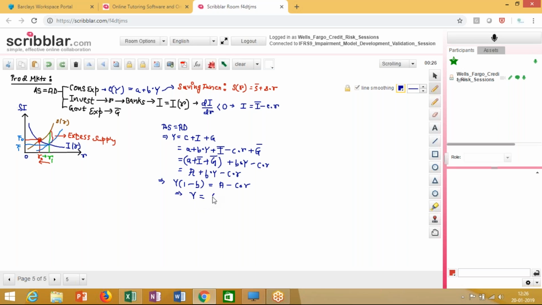If you have a look at this simple algebraic equation, you need not bother about the interpretation of each of these components since we are not talking about economic models per se. Let's just look into the relationship that exists between each of these variables. So it is C by 1 minus B. This is the slope coefficient. You will see this is in the form of Y equals mx plus C.